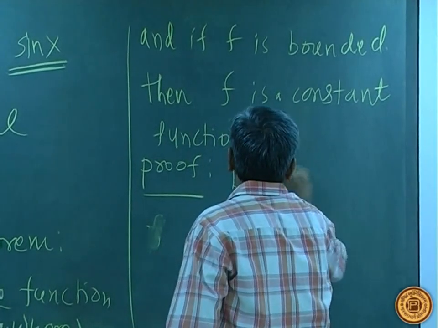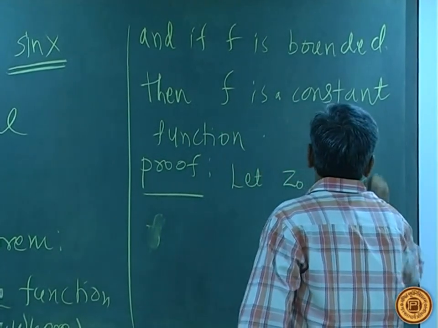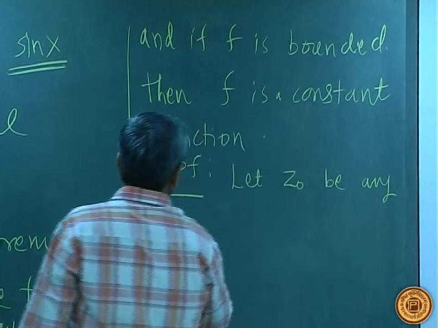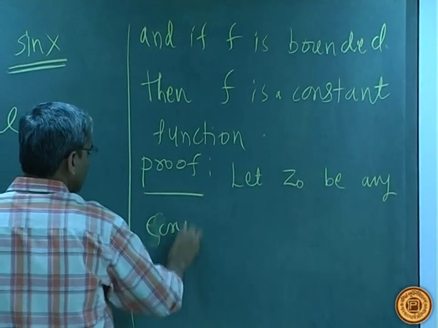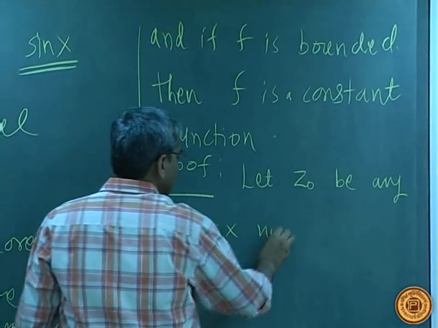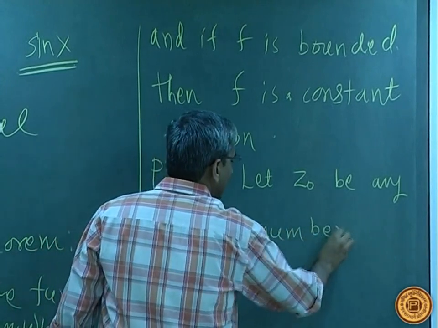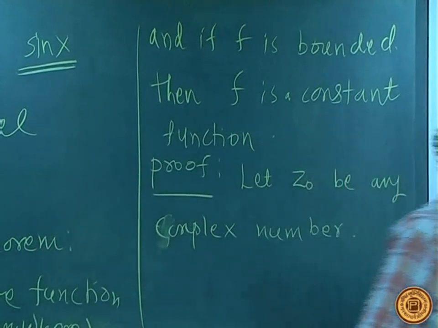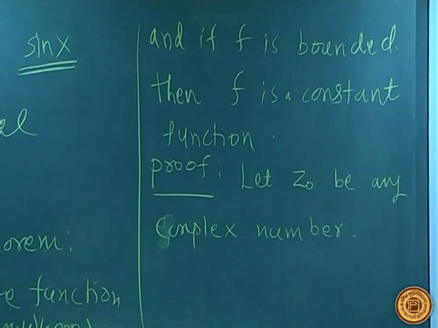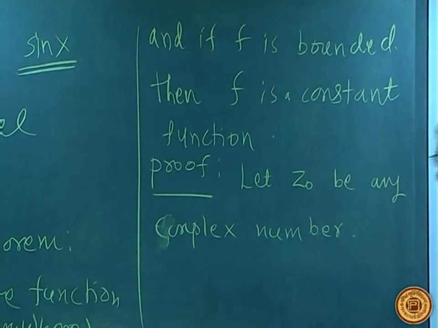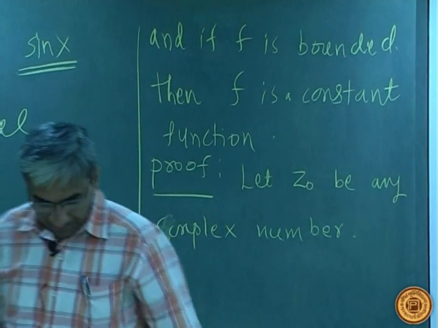Let z naught be any complex number. If we show that f(z) equals f(z naught) for all z, then f is constant. So I have chosen a point arbitrarily.